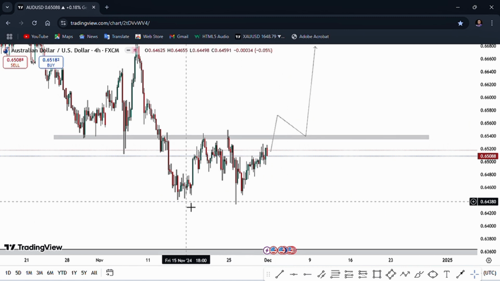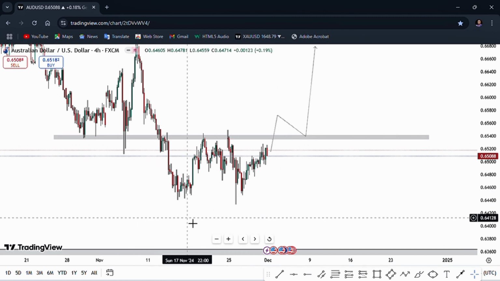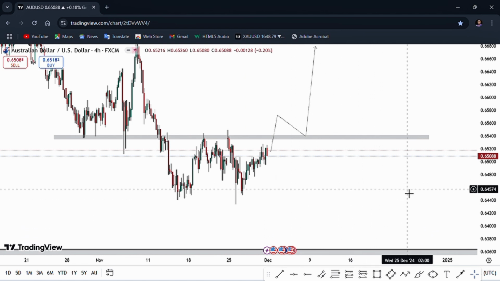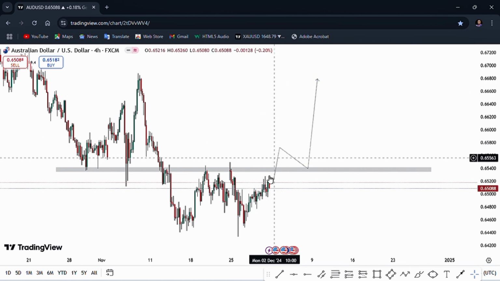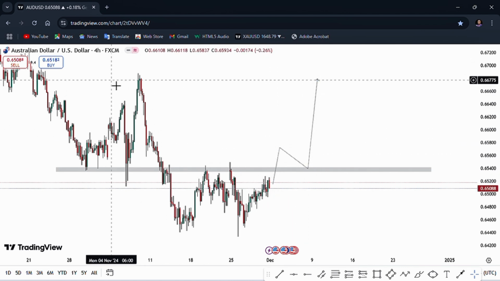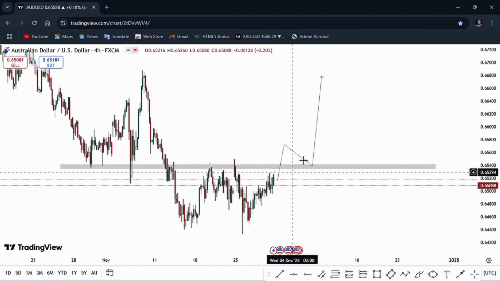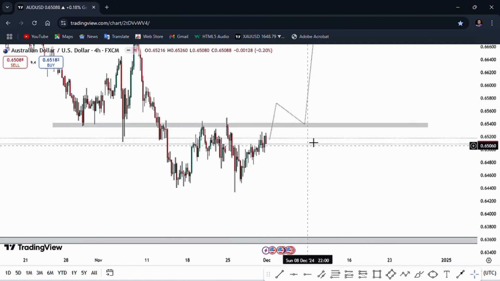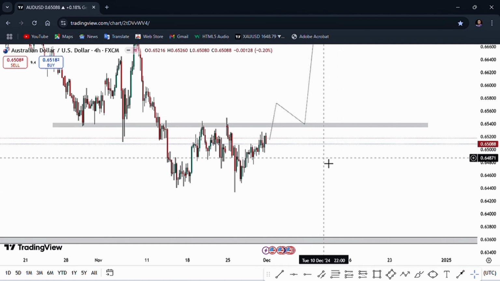But ideally, since price has put in a double bottom here, and on the weekly time frame we have seen a hammer form, I should expect price to break past this zone, and at least here should be my take profit. But if price fails to break above this zone, I will come back here to reanalyze this trade to see if price will keep heading lower.